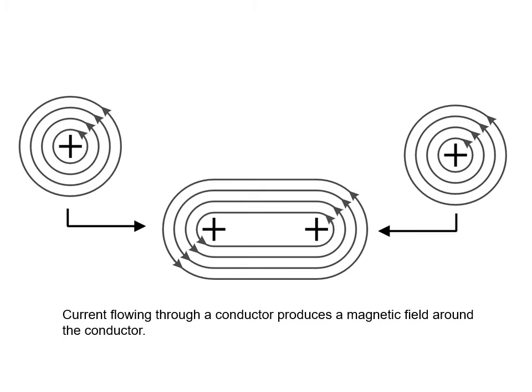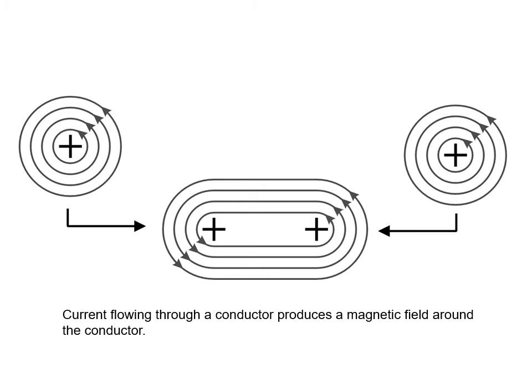This is what happens when we coil a wire around a central core. The magnetic flux from each current-carrying conductor combines with the wire next to it to increase the overall magnetism of the system.